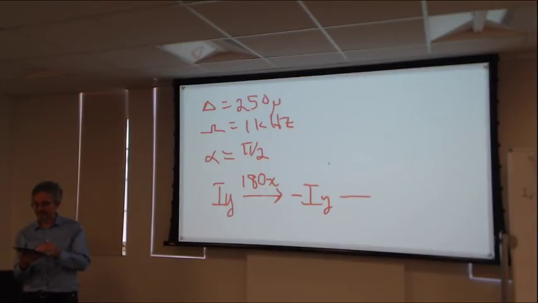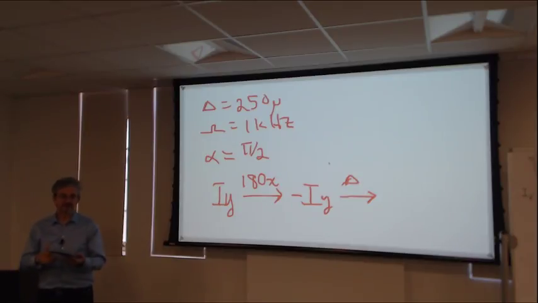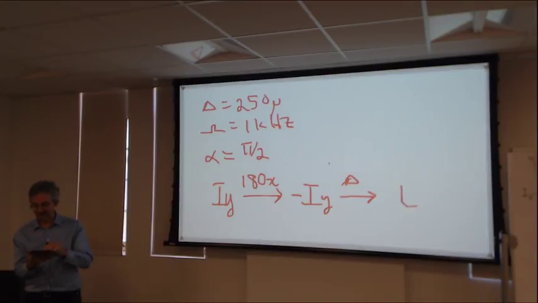And then there's another period delta. Where does the magnetization end up? On IX. Minus IY will rotate towards IX. So the magnetization started on IX after the 90-degree pulse.